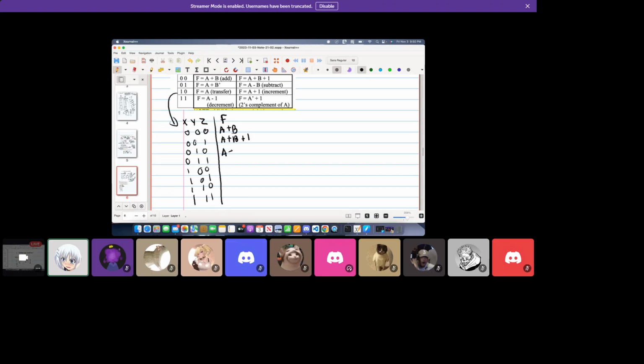We have A plus B prime, A minus B, A plus 1, A minus 1, A complement plus 1. Perfect. All you have to do is break it down into its parts. And while you're doing this, you want to try to force a relationship because the full adder takes 3 inputs.